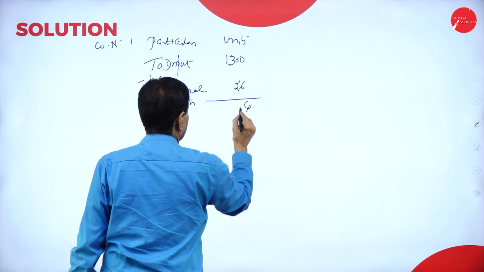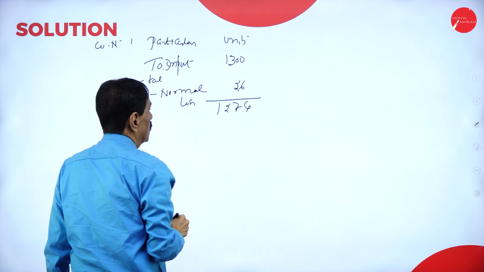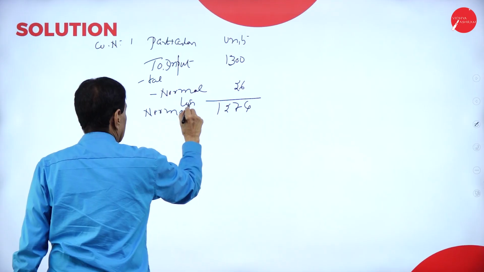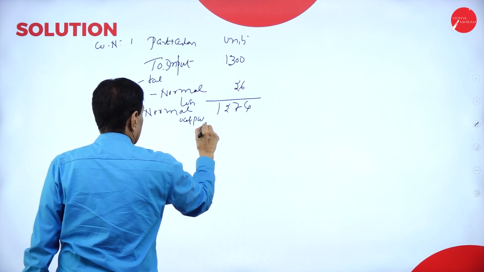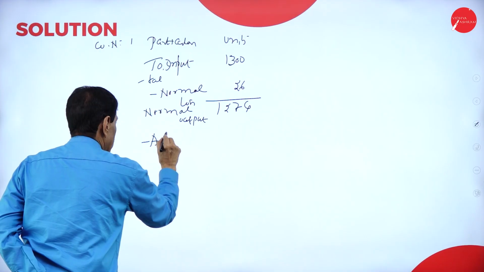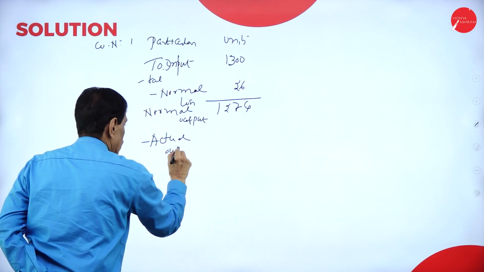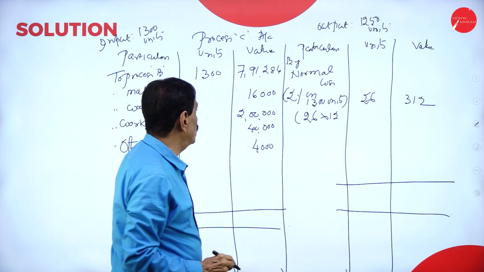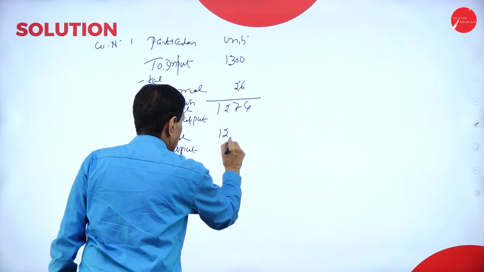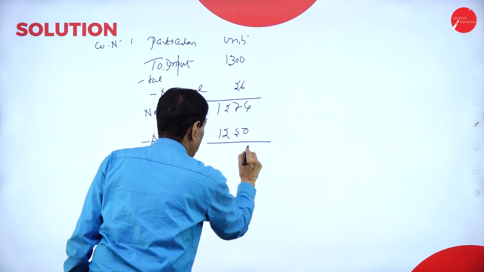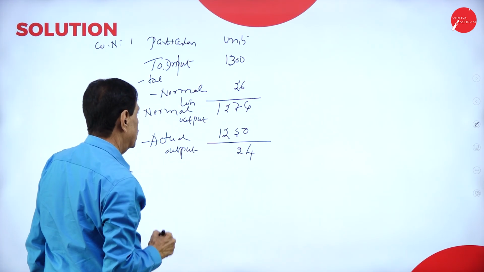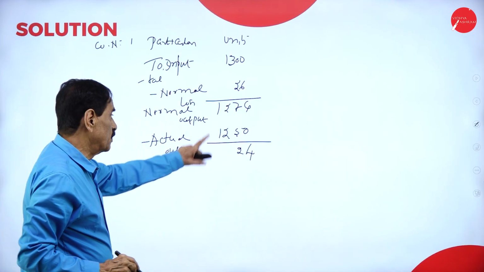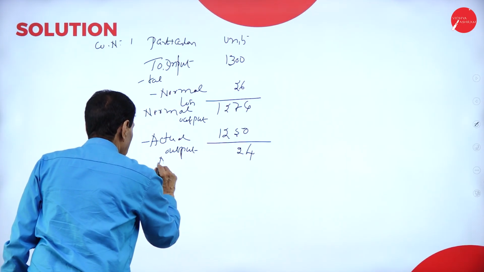Deduct, normal output minus actual output. This is your standard 1274. What's your actual output? 1250. So there is a difference of 24 less. Your standard is 1274, but your actual is 1250. So there is a difference of 24, which is called abnormal loss.